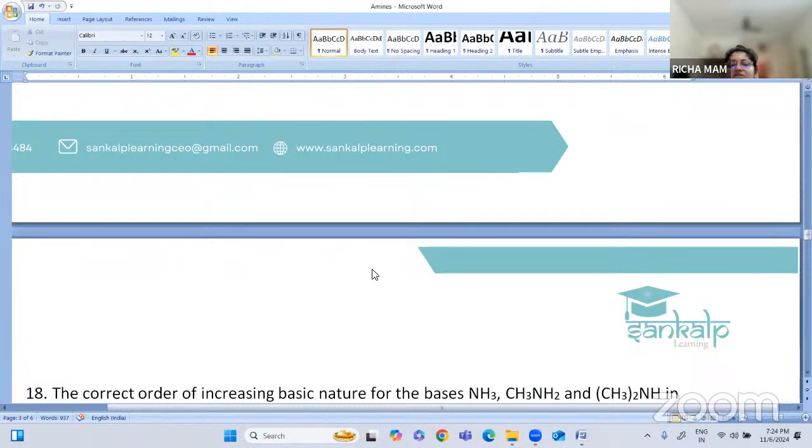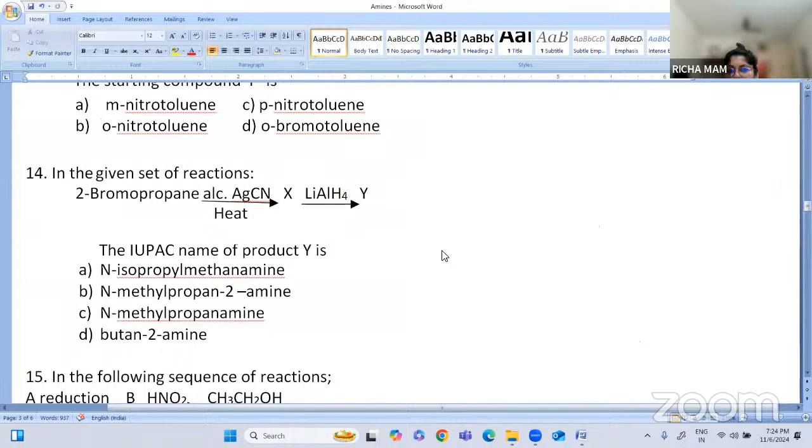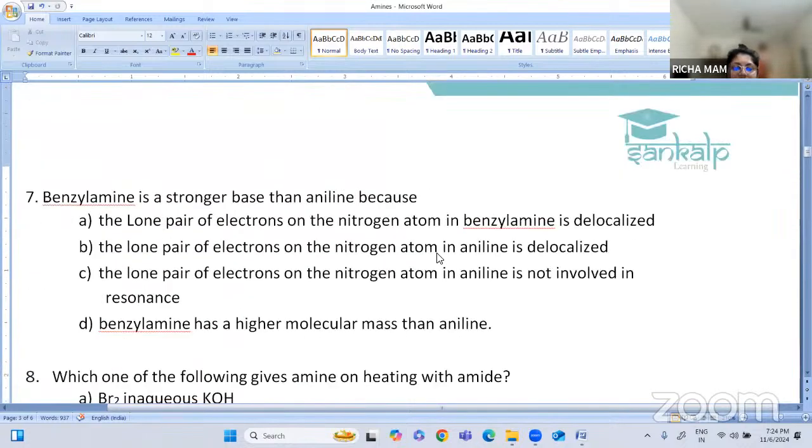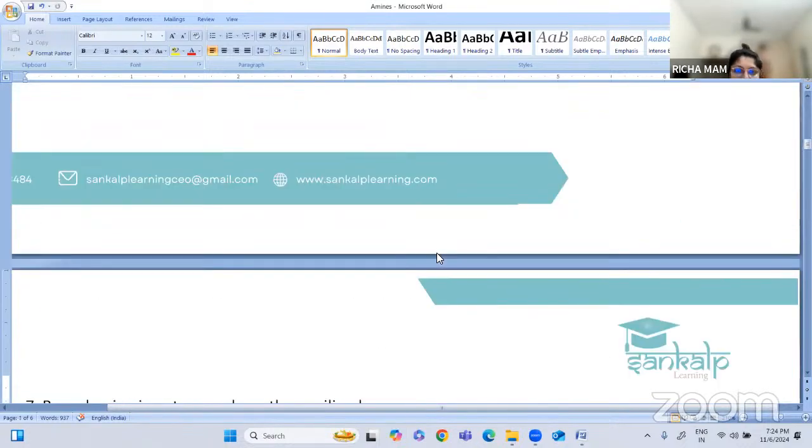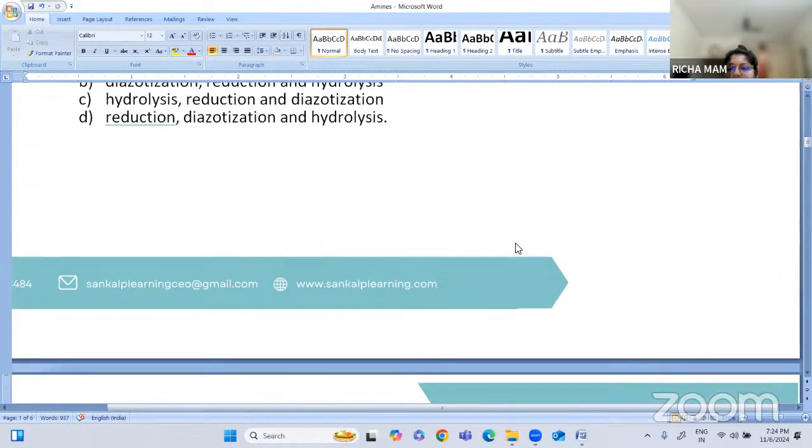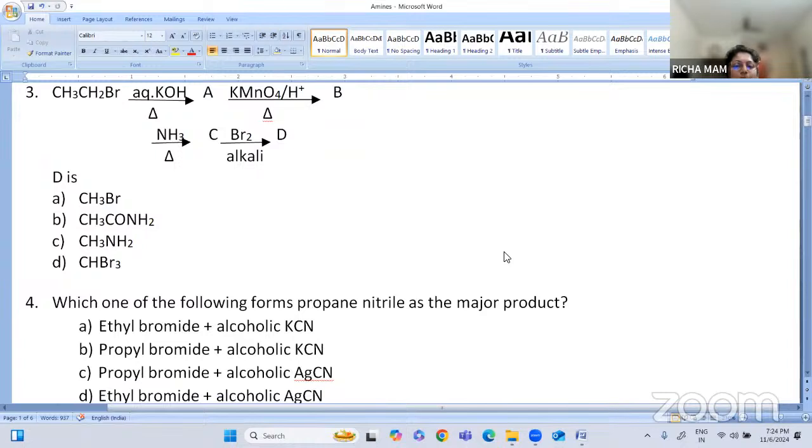You have to practice them for your board exams, and for your CET also, in the form of applied questions. They will not ask directly, but they will ask the reagent or the product formed. Any doubts up to that?